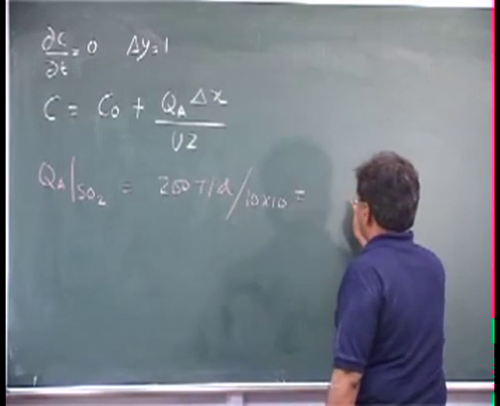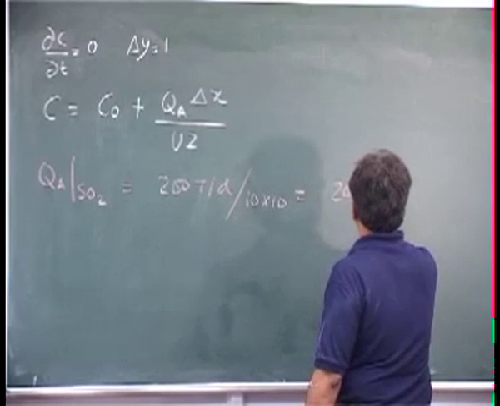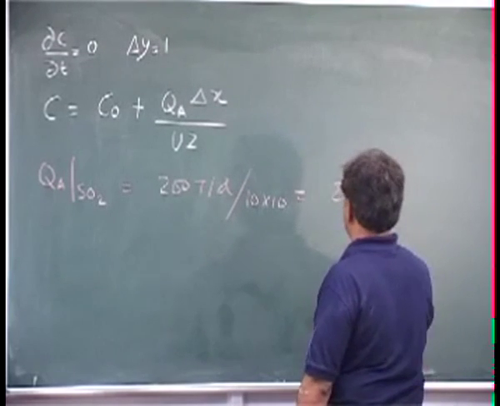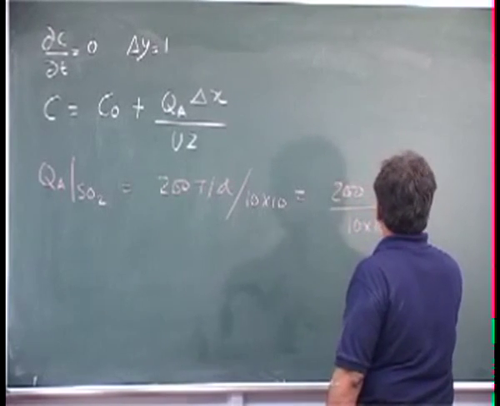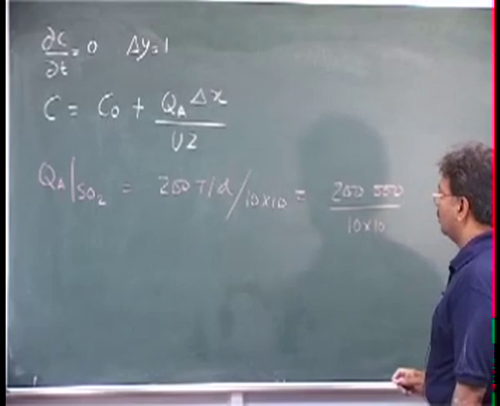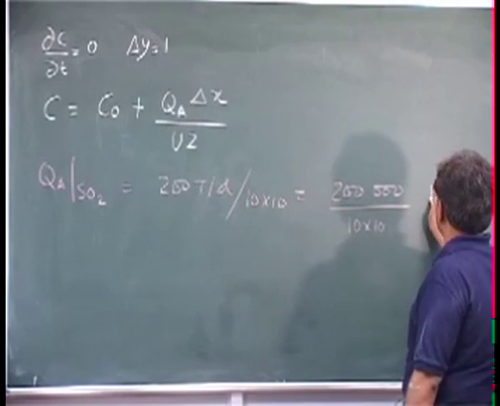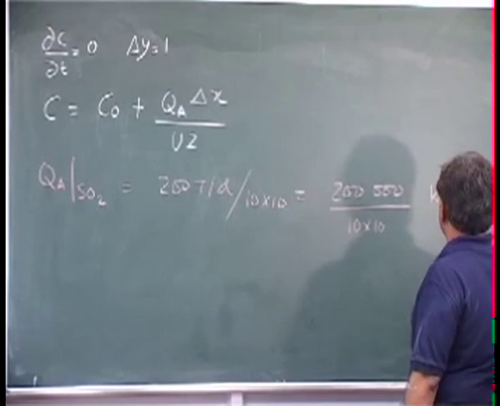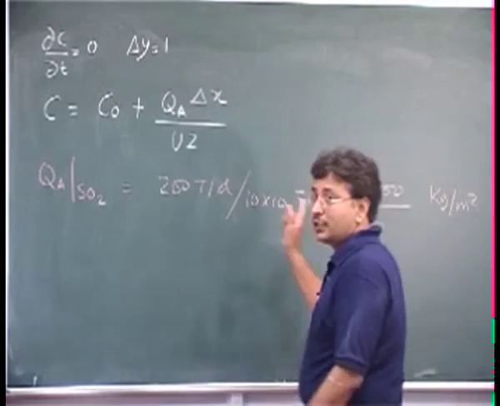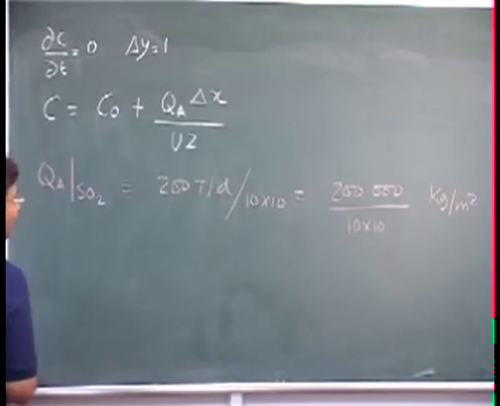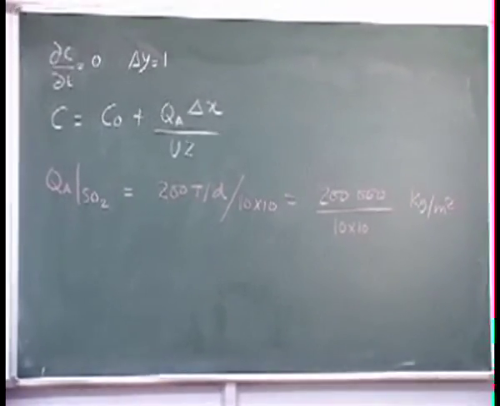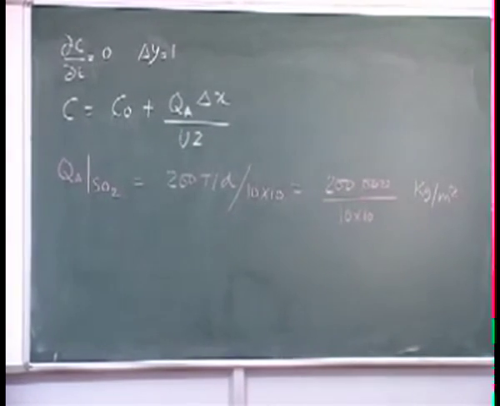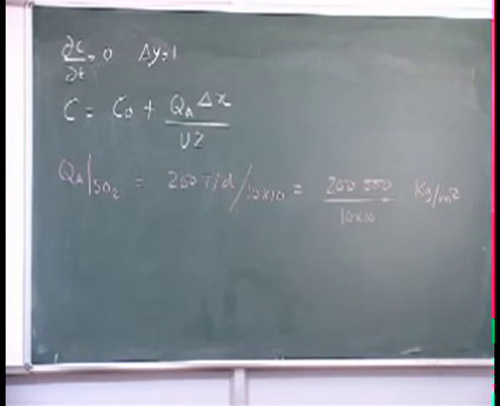So that comes out to be 200, that's kg, per kilometer square. When the concentration was estimated with this simple approach, that concentration came out to be much less than what was the measured concentration. Okay, if you want, we can do this calculation quickly.